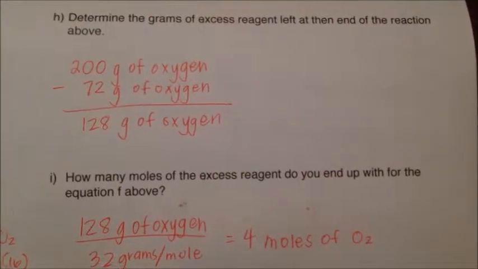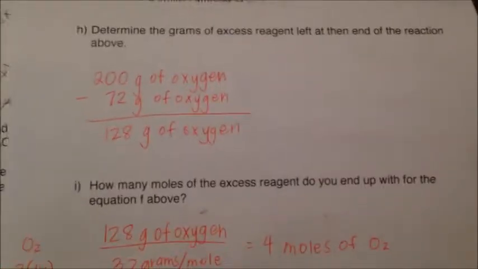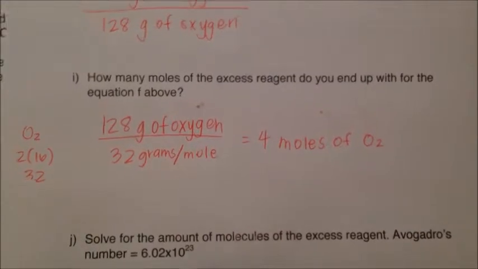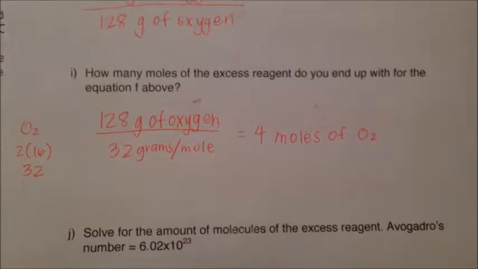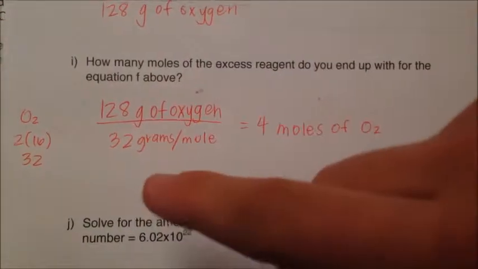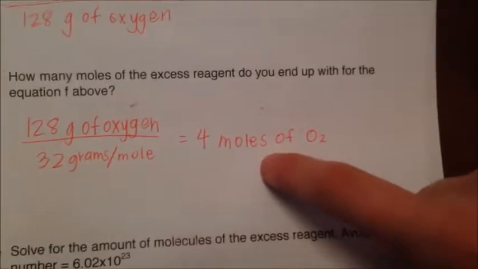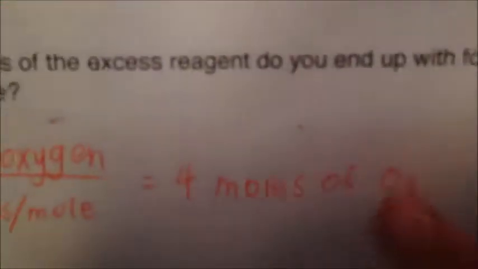And it ends up a simple subtraction problem to get 128 grams of oxygen. Okay, so how many moles of excess reagent do you end up with for equation F above? So you take the 128 up there and you divide by 32, which is the molar mass of oxygen, to get 4 moles of oxygen. So easy, even I can do it.